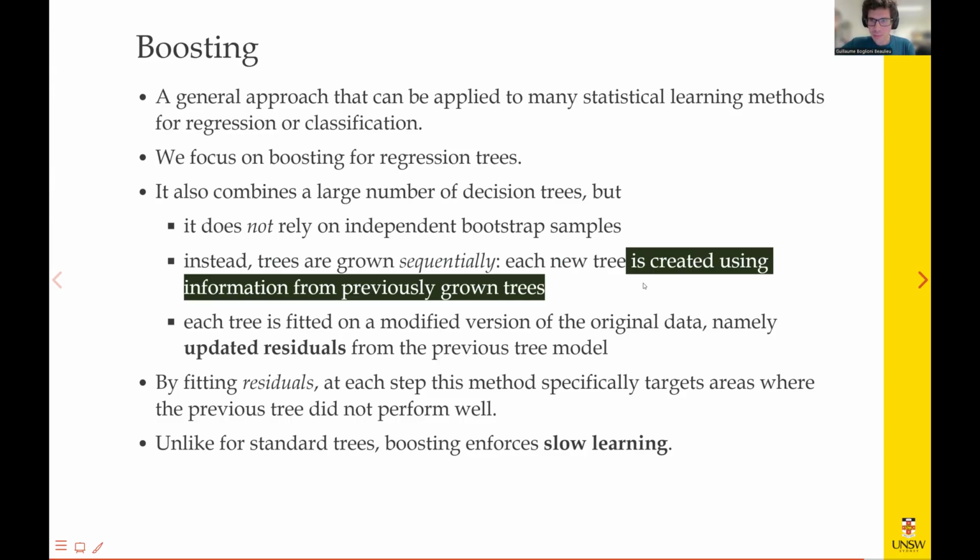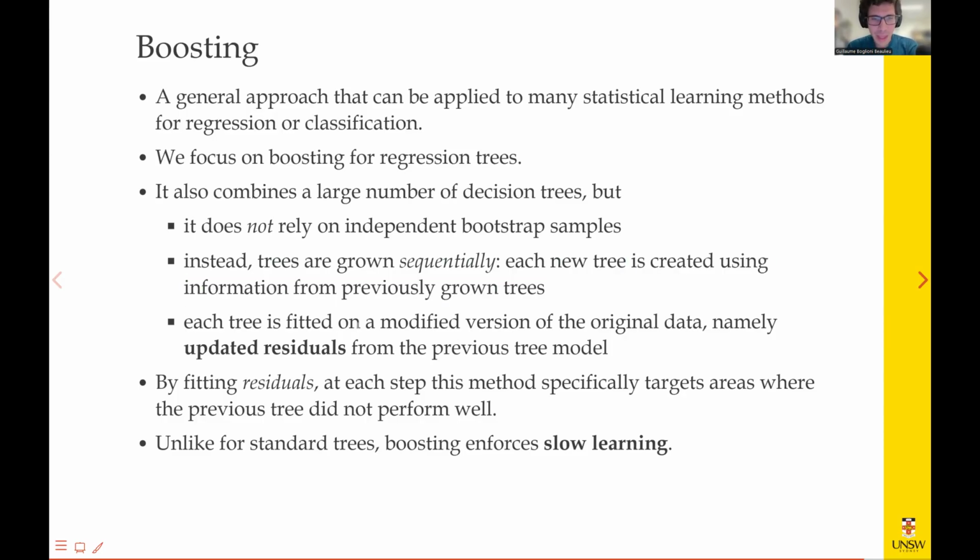Each new tree is meant to improve the prediction overall, so it depends on the previous tree. That's quite different than bagging, because in bagging you make independent predictions and then average them out. In boosting, each prediction is an improvement on the previous one. So conceptually, it's quite different.